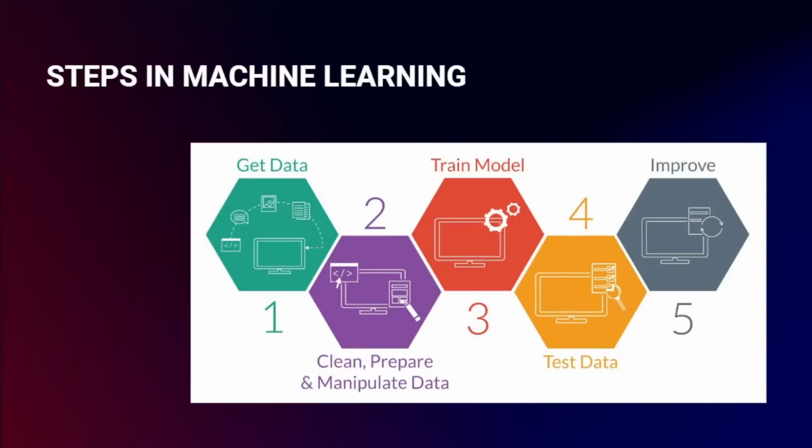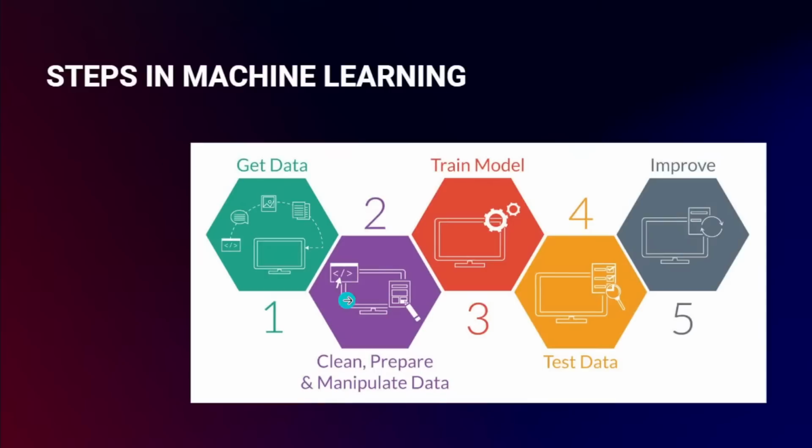And what are the simple steps of machine learning? Till now we haven't covered machine learning operations, so don't worry about it. The steps in machine learning: you will be having data, okay? You are going to clean and prepare the data, because this data is from the public and it's not that correct. You may have some improper things there. You want to clean it, analyze it, and do some processing.